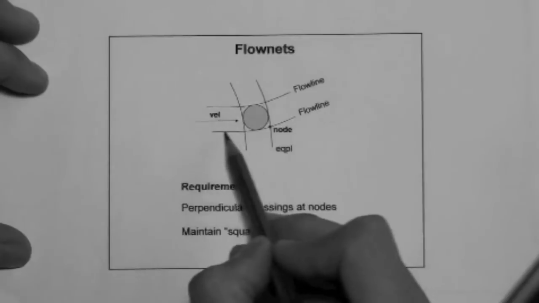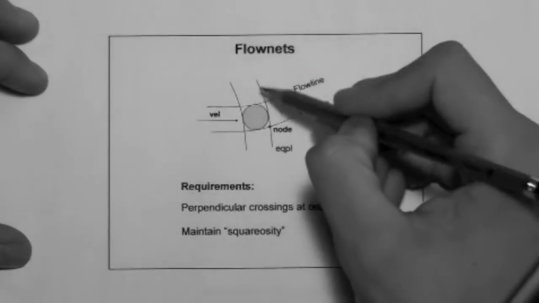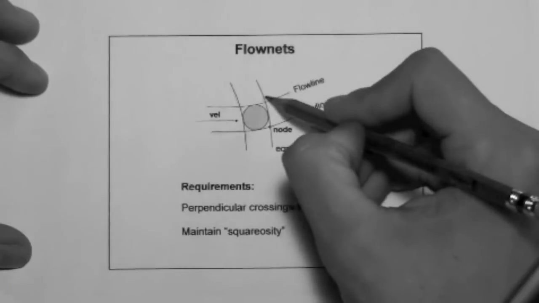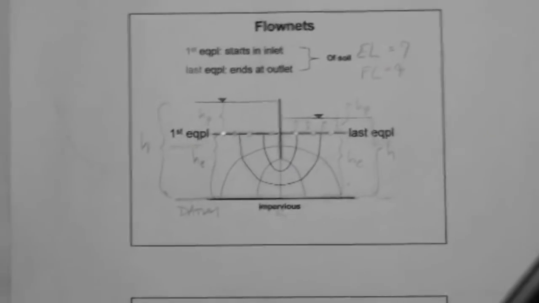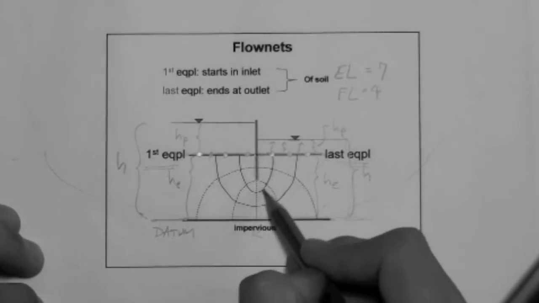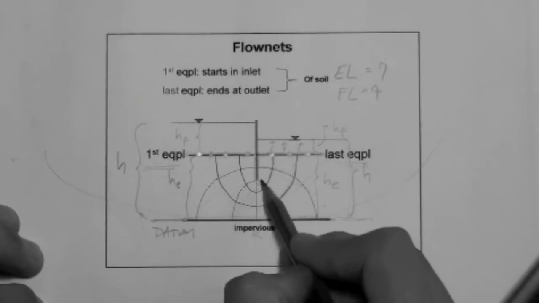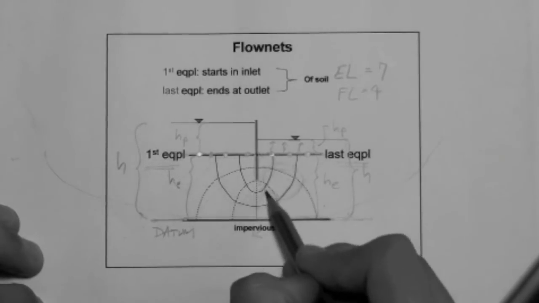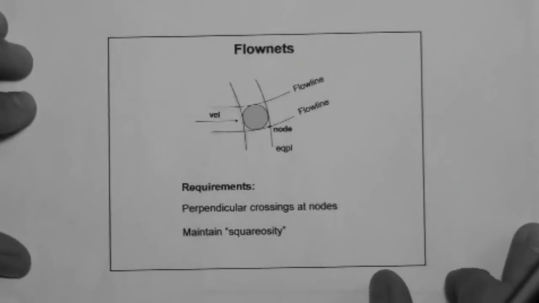Here are 2 flow lines, okay? They are parallel to each other, all right? And here are 2 equipotential lines, and they cross the flow lines. Just like here, we have flow lines being crossed by equipotential lines, in this location. So here is just a little part of that.